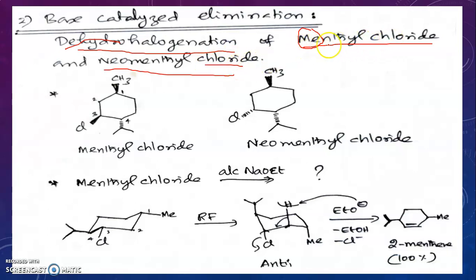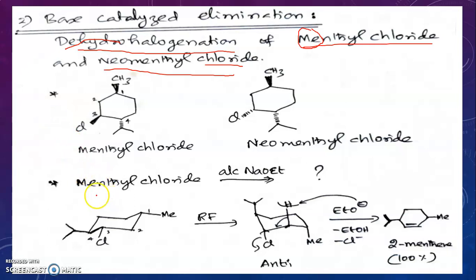In menthyl chloride, the methyl group and chlorine should be cis, and chlorine should be placed adjacent to the isopropyl group. In neomenthyl chloride, the chlorine and isopropyl group should be cis. Are you able to understand? Suppose you take menthol or menthylamine, whatever it is, you should follow the same method.